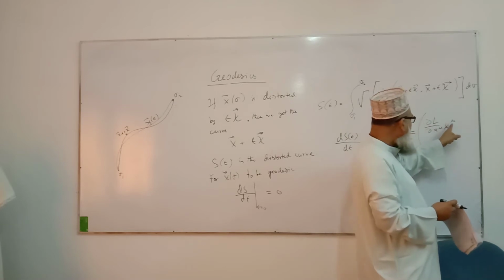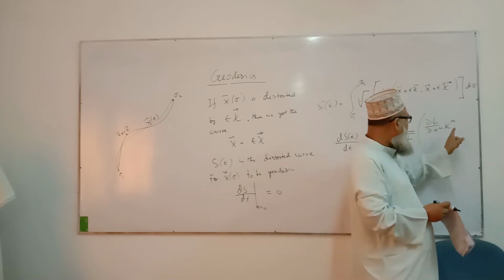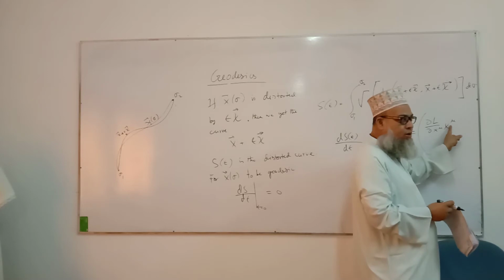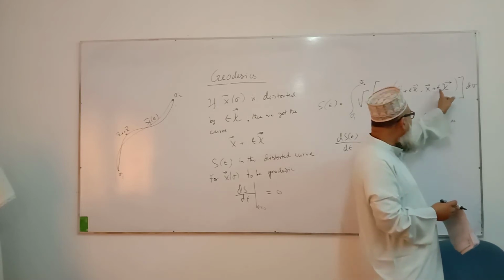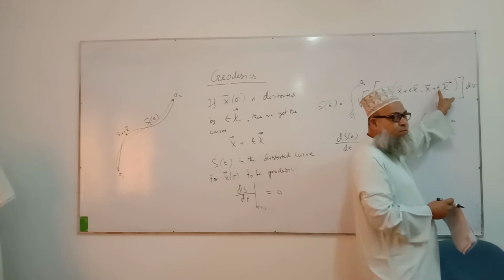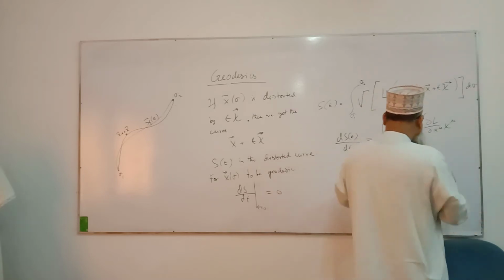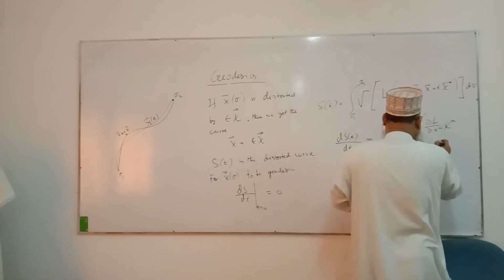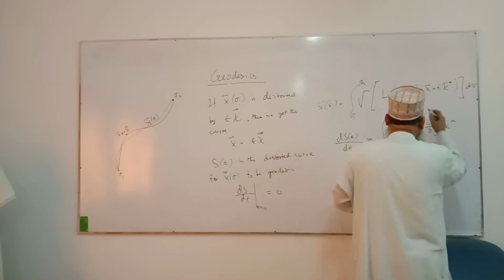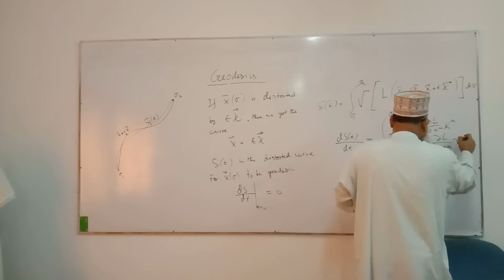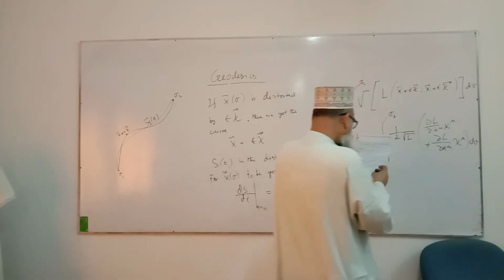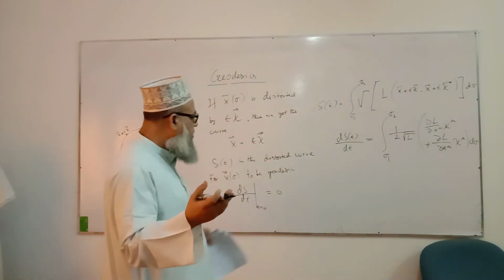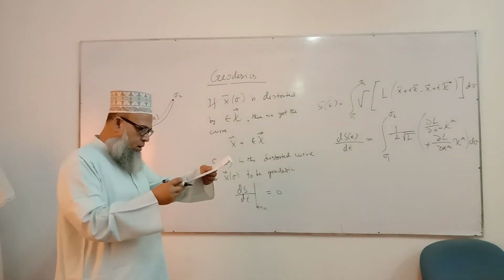This is the lone term chi dot mu, because differentiation eliminated only the epsilon. Plus the first term, del L by del x mu, chi mu d sigma. So this is the differentiation.